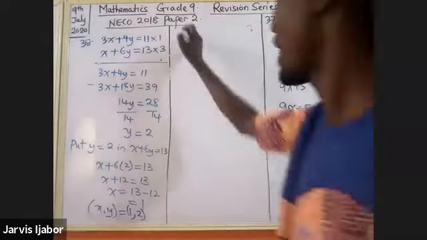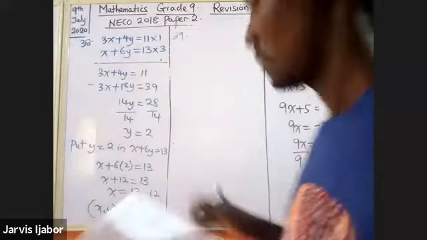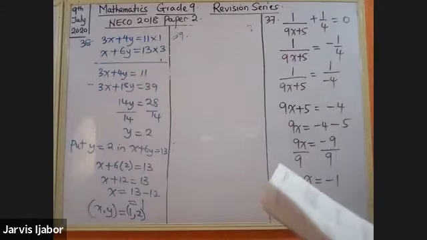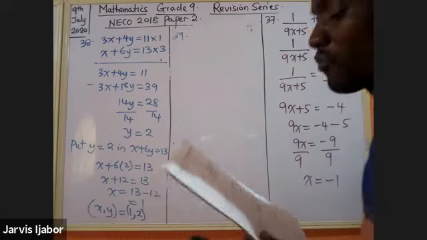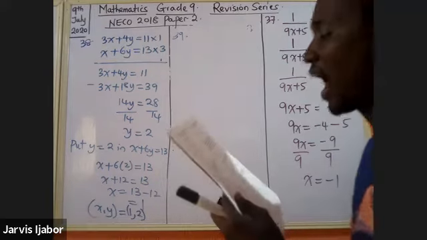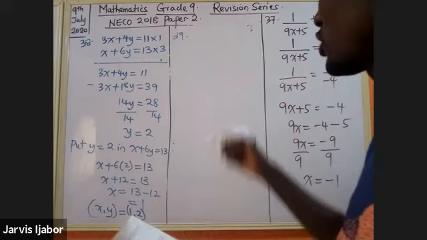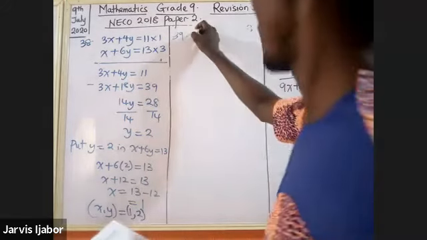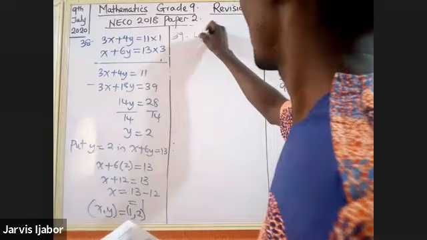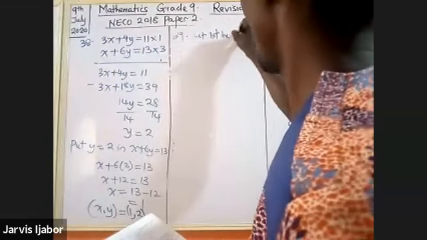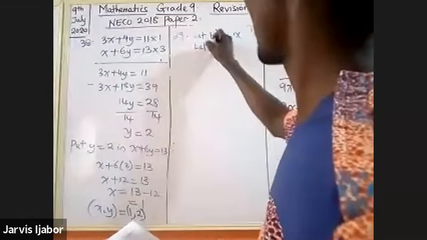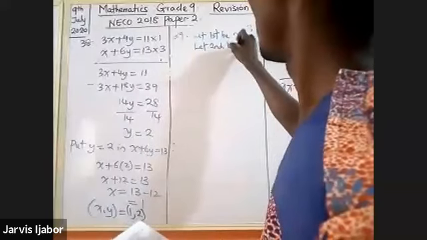Let's look at 39. In 39, there are two numbers, the sum of 4 times the first and 3 times the second. All right, so essentially we're looking at simultaneous equations now. So first, let first be x, let second be y.